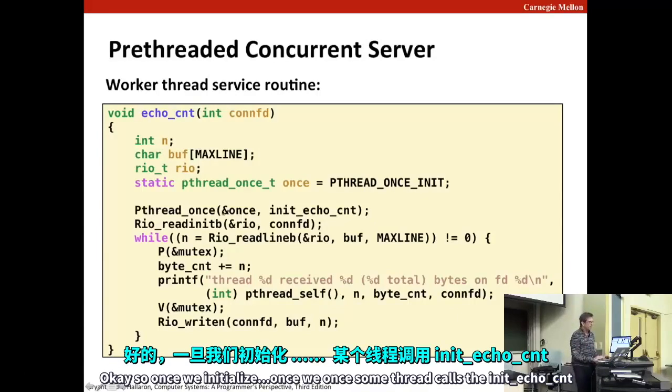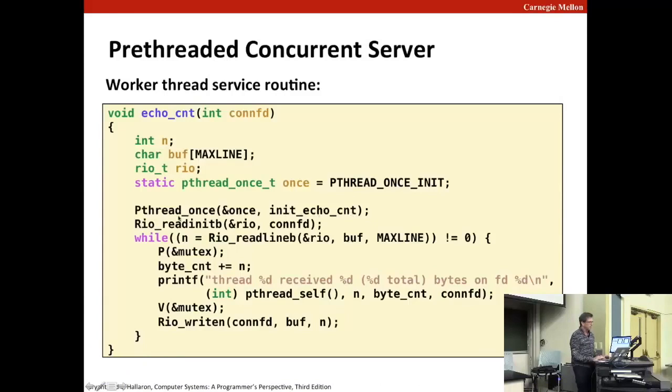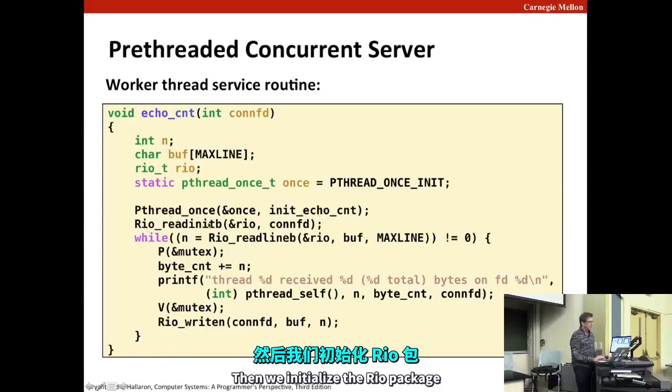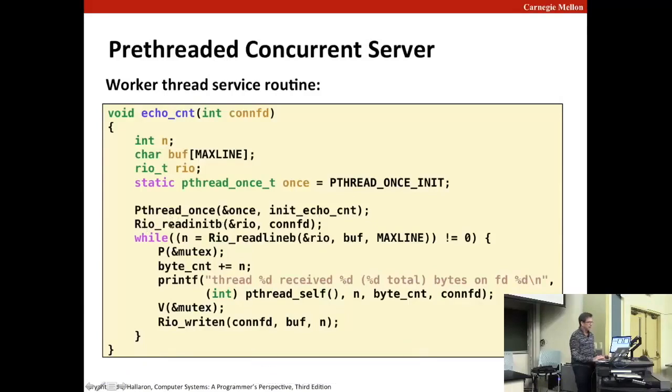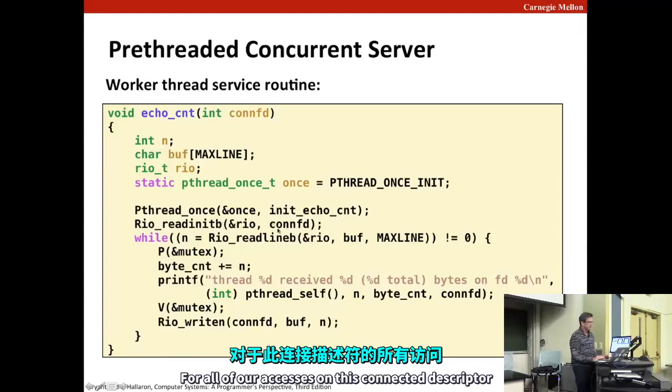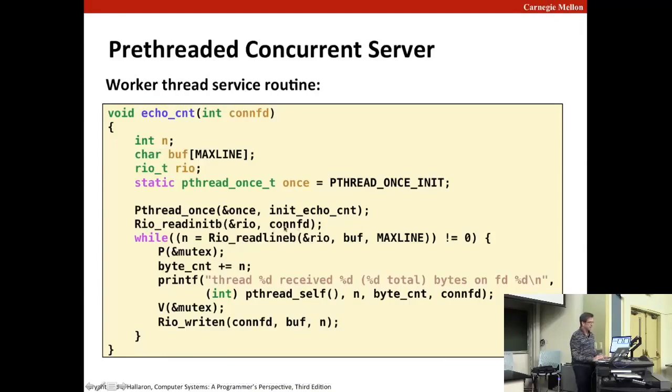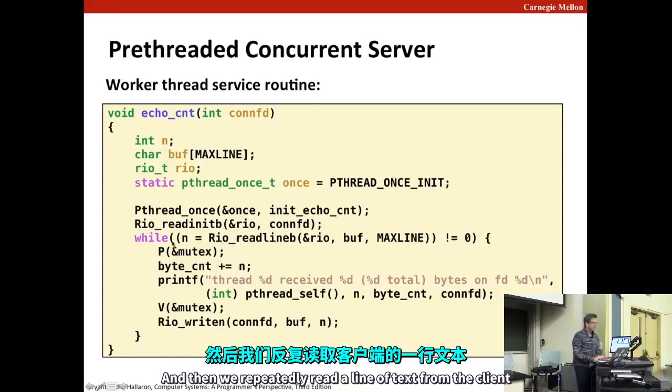Okay, so once we initialize, once some thread calls the echo count init, then we initialize the Rio package for all of our accesses on this connected descriptor. And then we repeatedly read a line of text from the client.